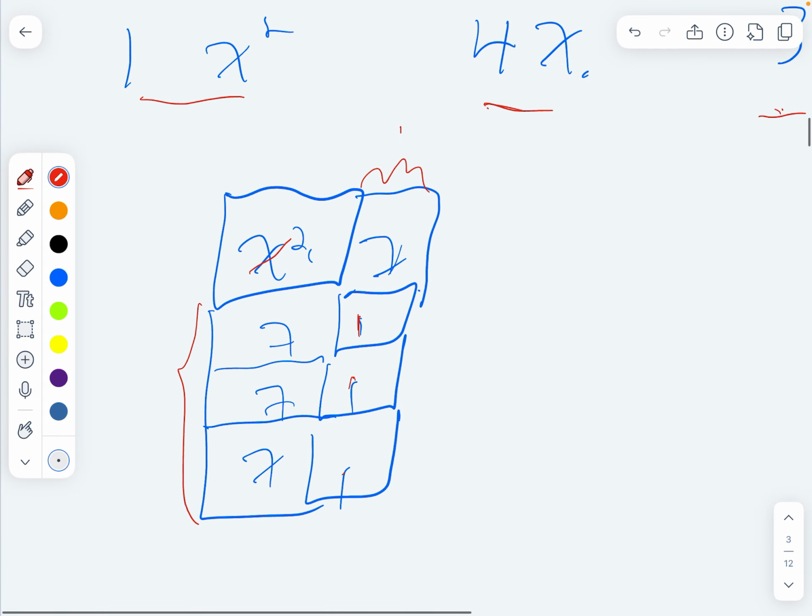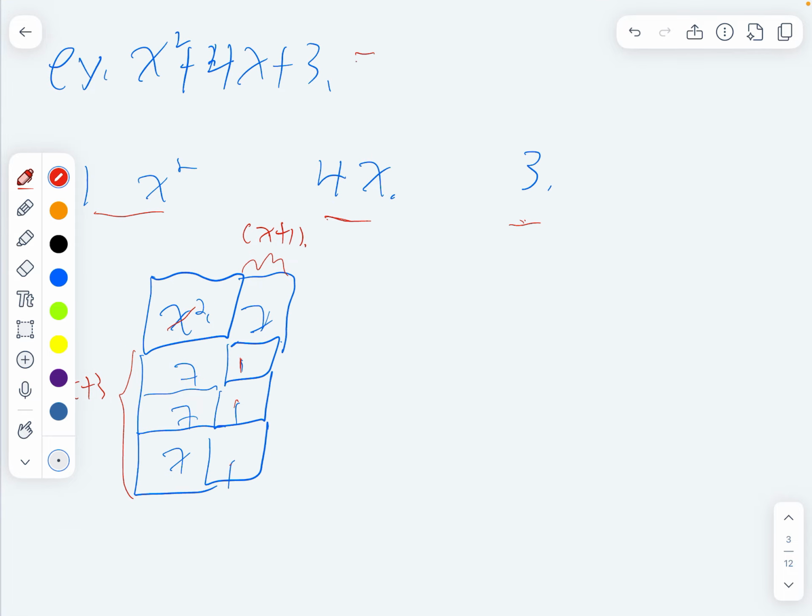So we can write x plus 3 on the side, and above we write x plus 1. So the factored form is x plus 3 times x plus 1.